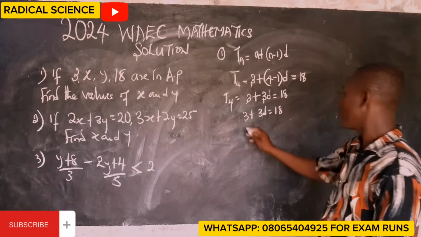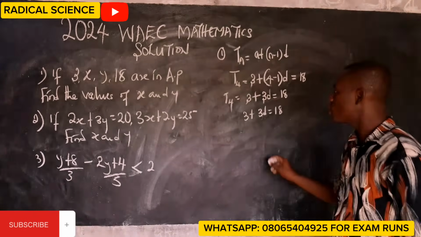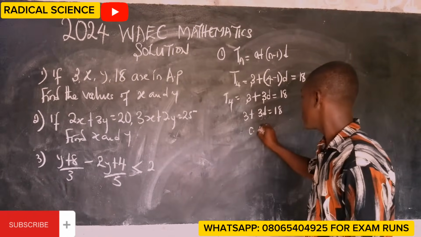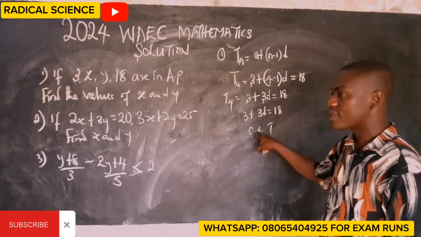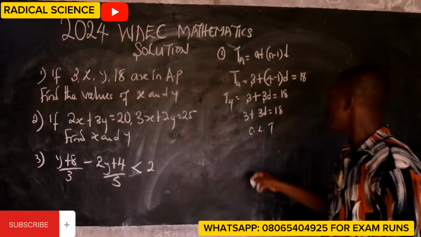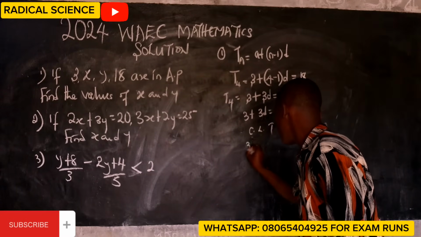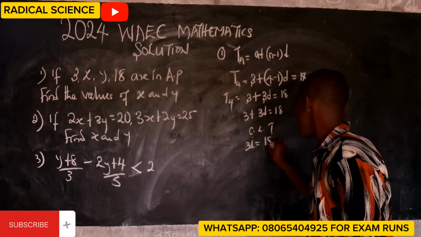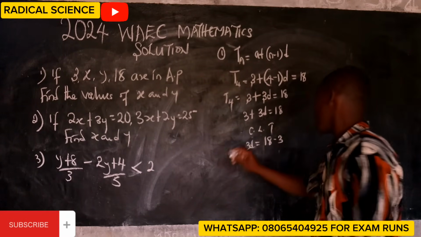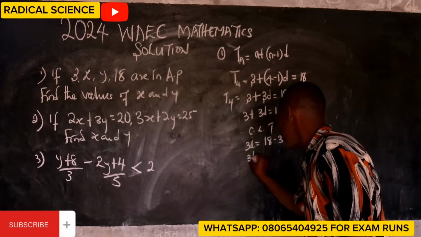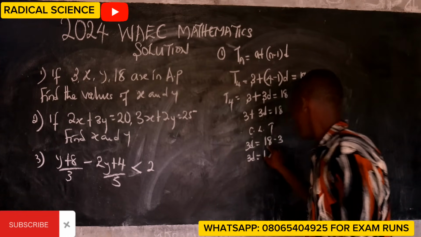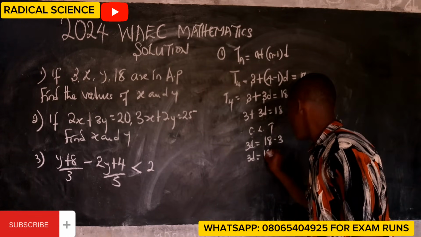Now, as you've known very well, this is a simple linear equation. We are going to collect like terms. CLT means collect like terms. I will have 3d equals 18 minus 3, which is 3d equals 15.